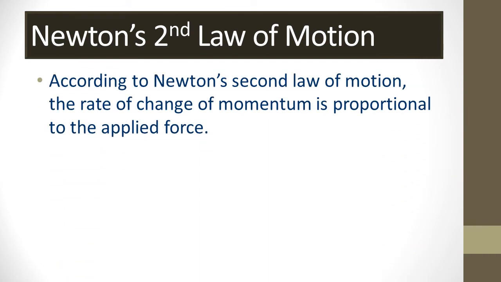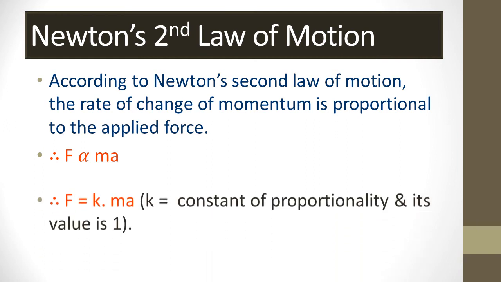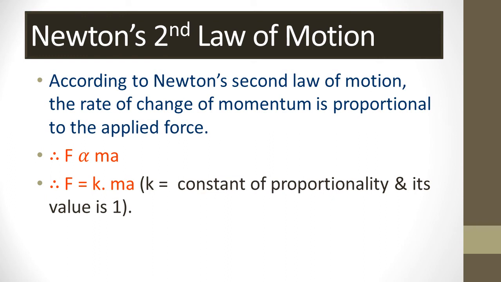According to Newton's second law of motion, the rate of change of momentum is proportional to the applied force. Therefore force F is directly proportional to ma. F is the applied force, which is proportional to the rate of change of momentum, that is m and a, where a is acceleration. So F is equal to k into ma, where k is the constant of proportionality and its value is 1.